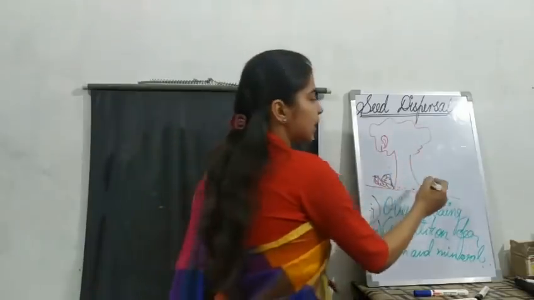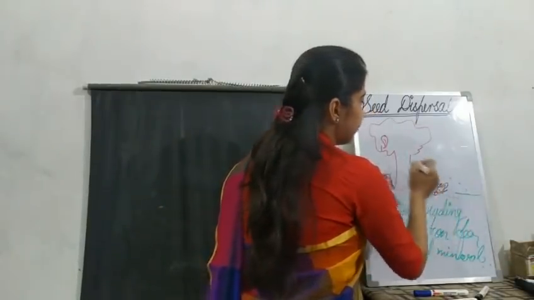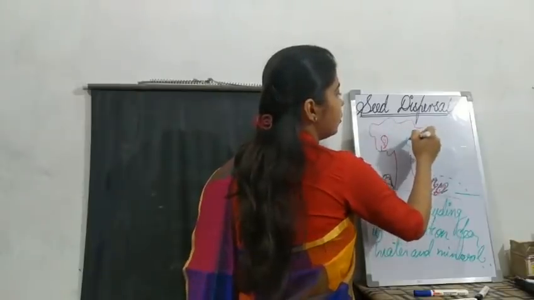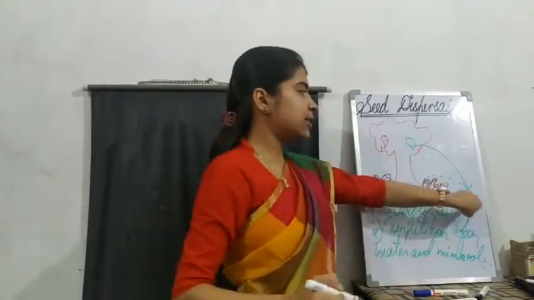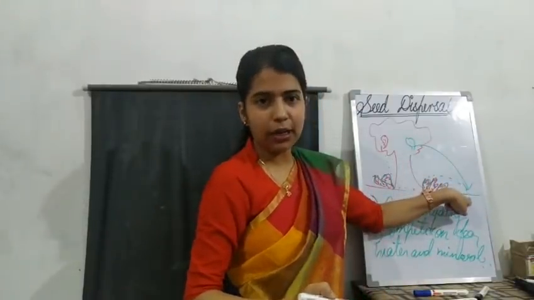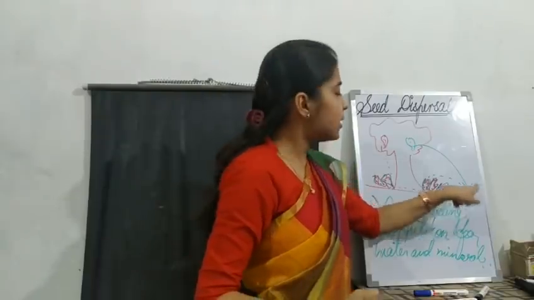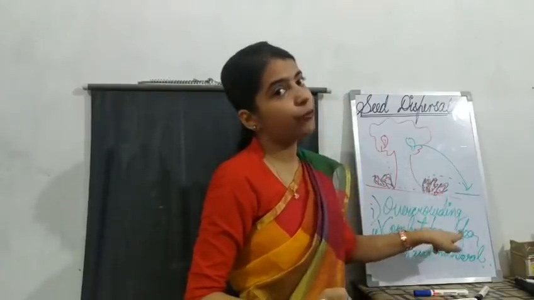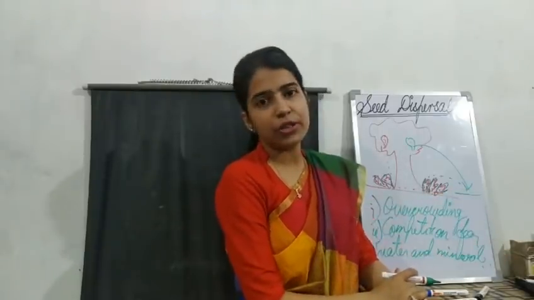That is, if the seeds are carried to some distant place, suppose from this tree, some seeds are carried to distant places, away from the parent plant, they will get sufficient space to grow, plus there will be less competition for water and minerals, because at the new place they will get sufficient water and minerals to grow.